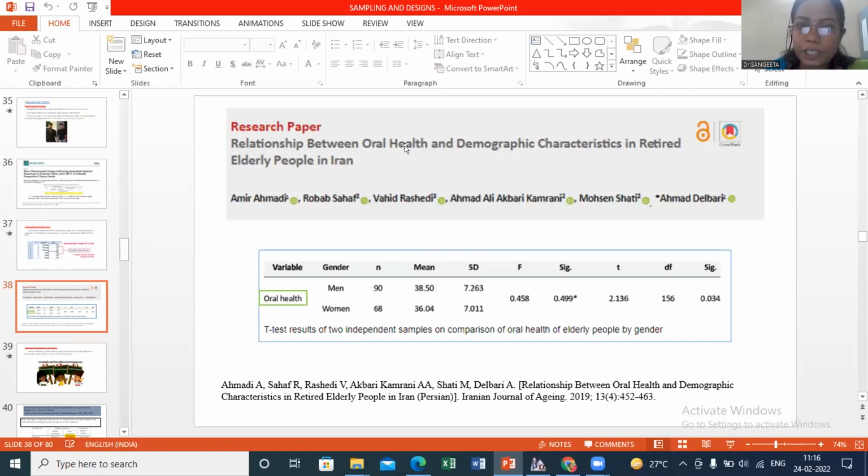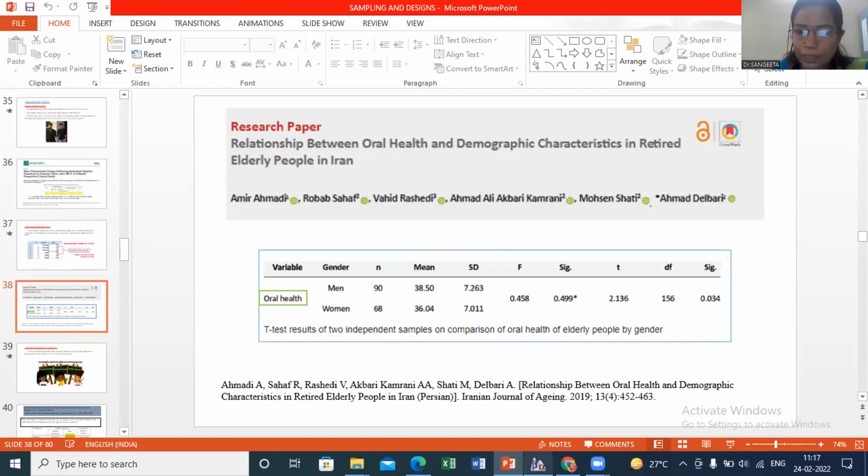It is a relationship between oral health and demography in the elderly people. So they have given us the mean and the standard deviation in men and women. Right? And this is the same as the objective of my study. I'm repeating this continuously: this is the key article that you take for your research studies.